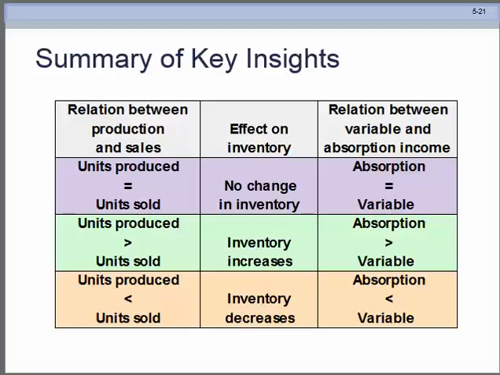When units produced exceed units sold, you have an increase in your inventory, and absorption income is greater than variable costing income. Likewise, when units produced are less than the units sold, you have a decrease in inventory, and your absorption costing income is less than your variable costing income.